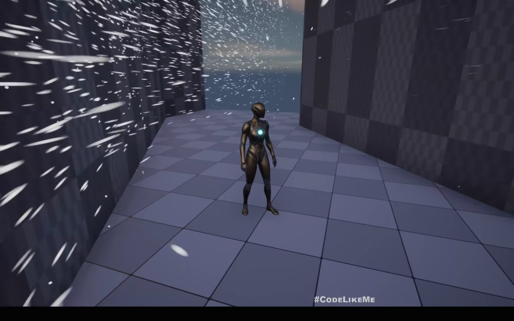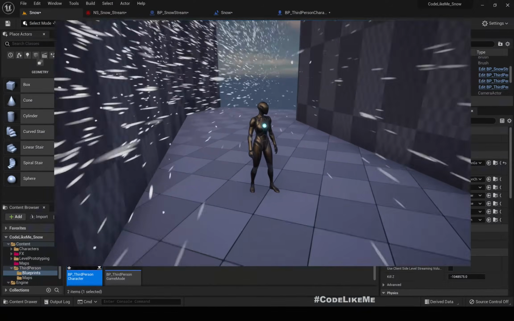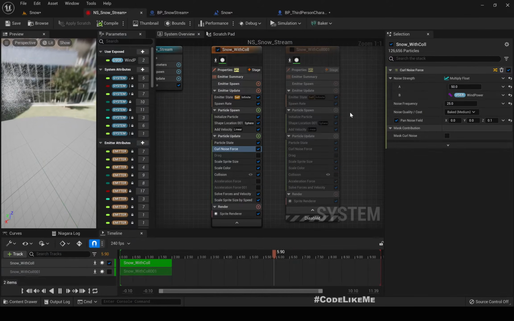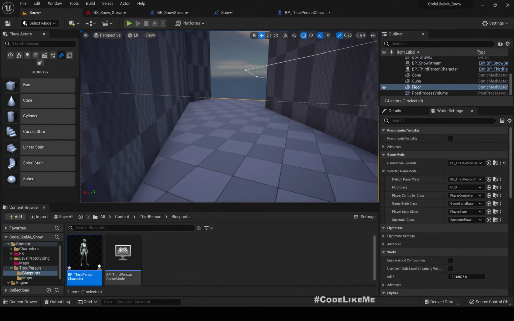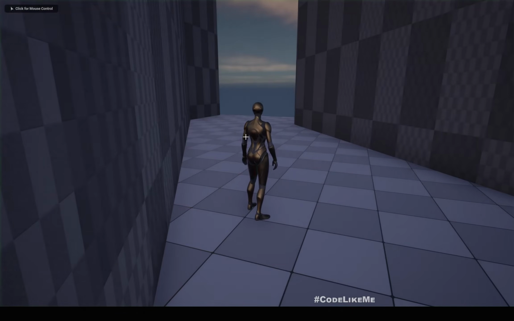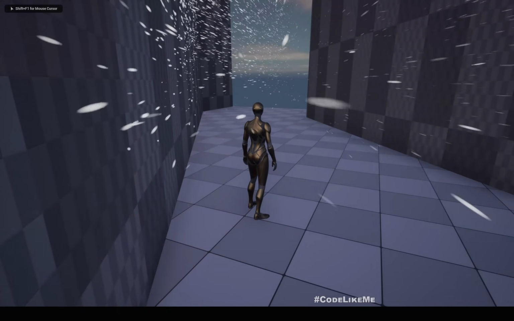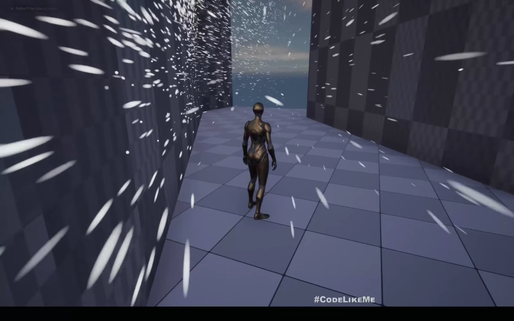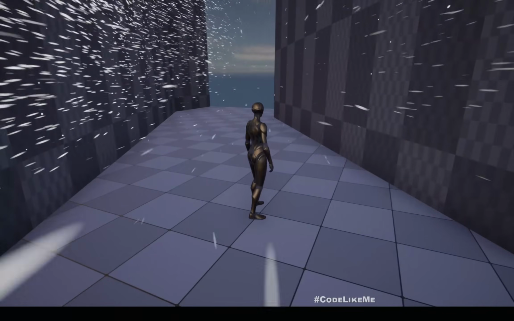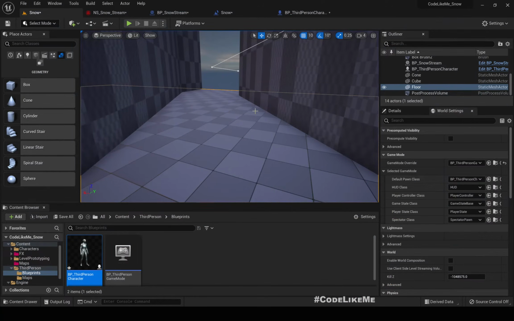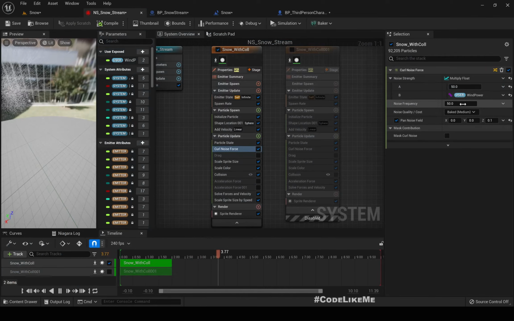Like this. If you want to further increase, you can try this frequency, how about 50? Maybe the frequency doesn't do much. Let's keep it 20. This one 75.